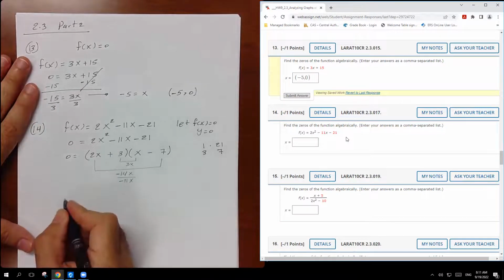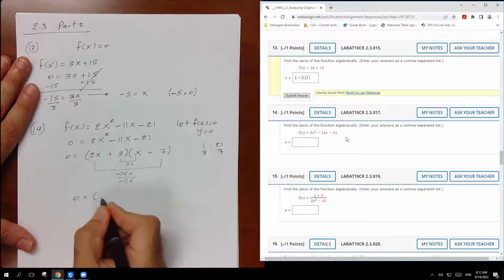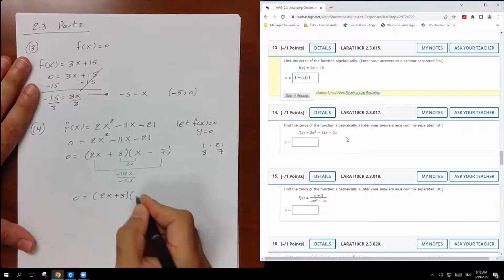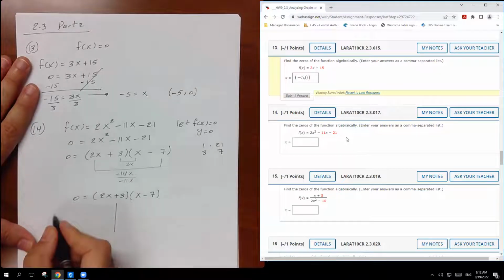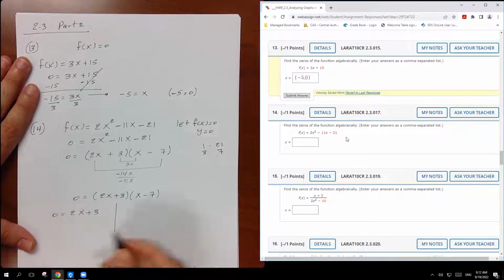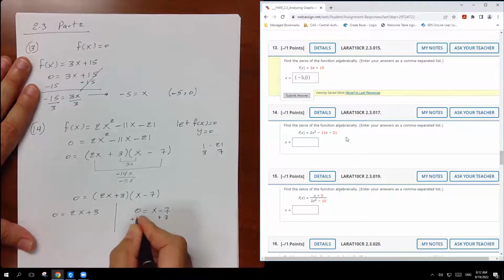So now I have two solutions, which is 0 equal to 2x plus 3 and x minus 7. That means the zero factor property. So 0 is equal to 2x plus 3 and 0 equal to x minus 7. On this side, I'm going to add 7.